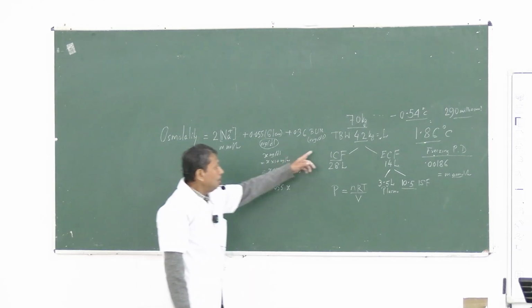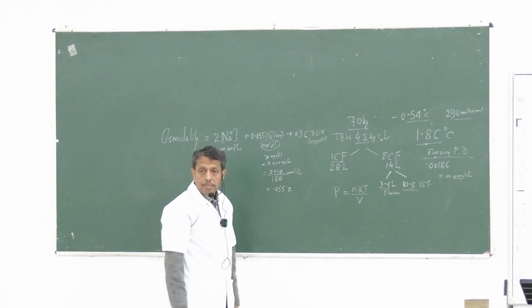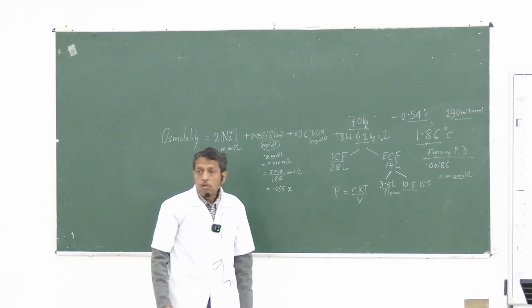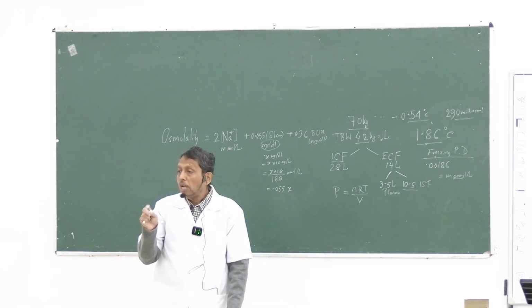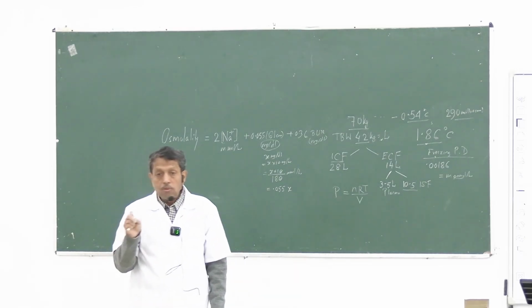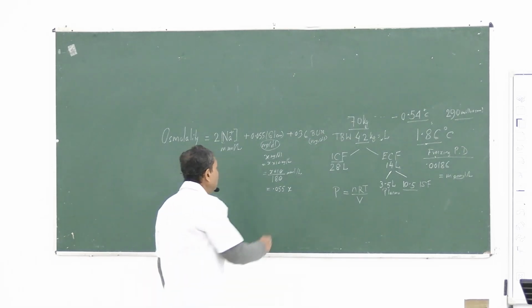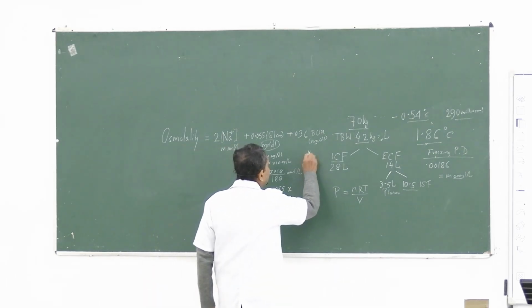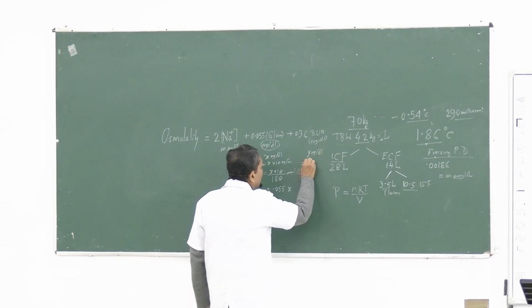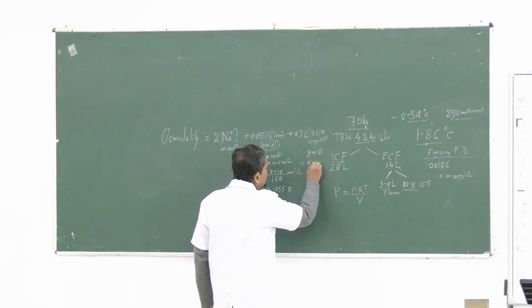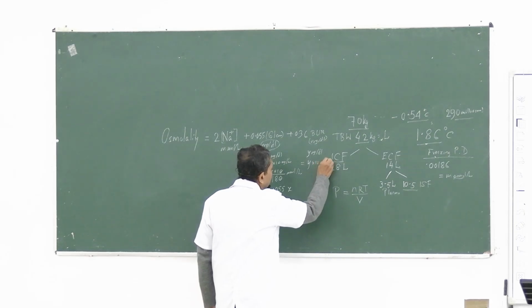And in case of blood urea nitrogen, in the same way, urea contains 2 nitrogen atoms. So if you consider it as y milligram per deciliter, similarly it is y into 10 milligram per liter.